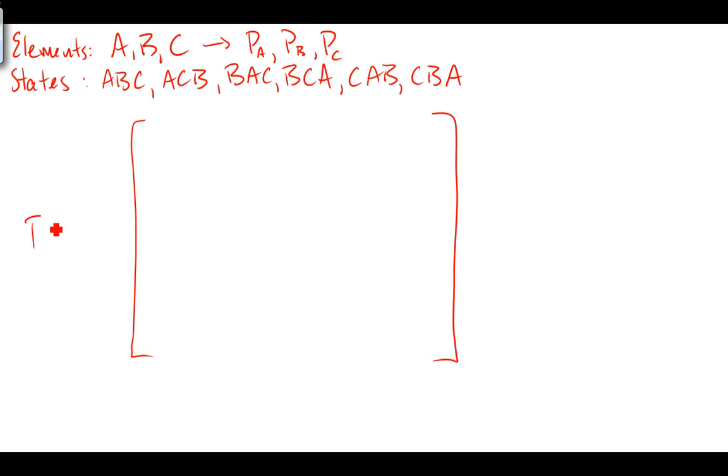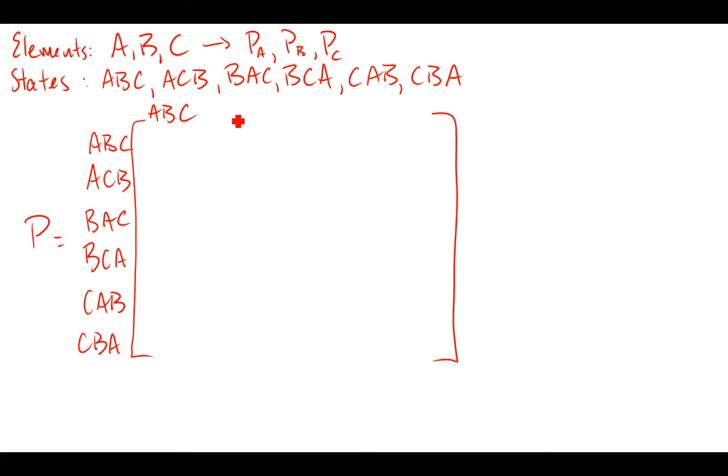When you list the states, you end up with a 6x6 matrix.